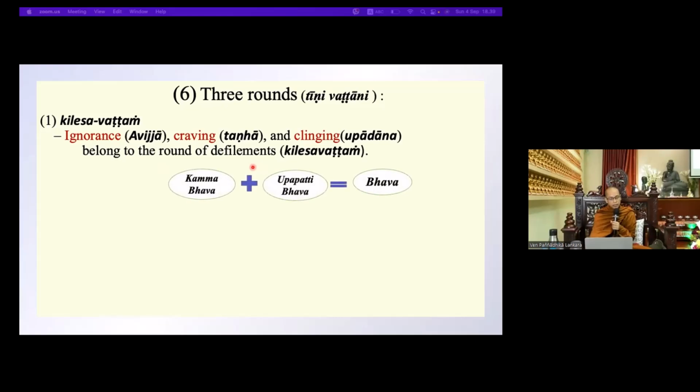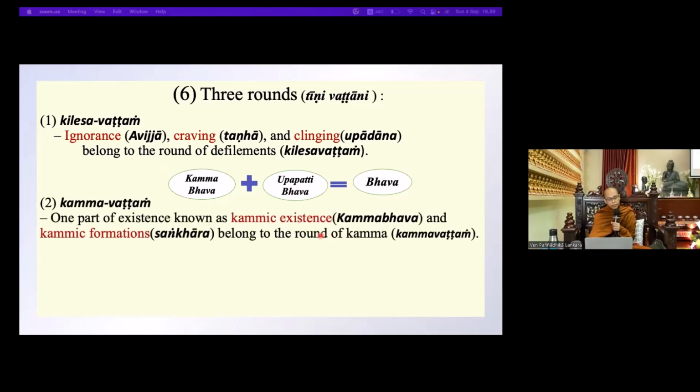Then here, before we continue to the other two types of Vata, we have to know that Bhava can be classified into two: Kamma Bhava and Upapatti Bhava. Kamma Bhava is the cause, and Upapatti Bhava is the result. So Bhava itself has two parts. One part of Bhava, which is called Kamma Bhava, karmic existence, and Sankhara are called the Kamma Vata.